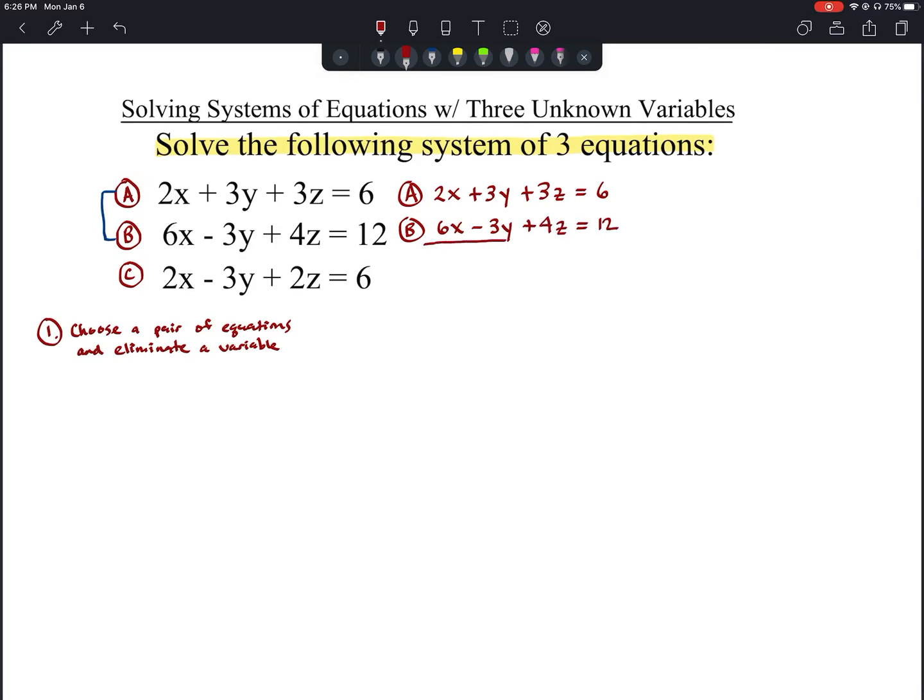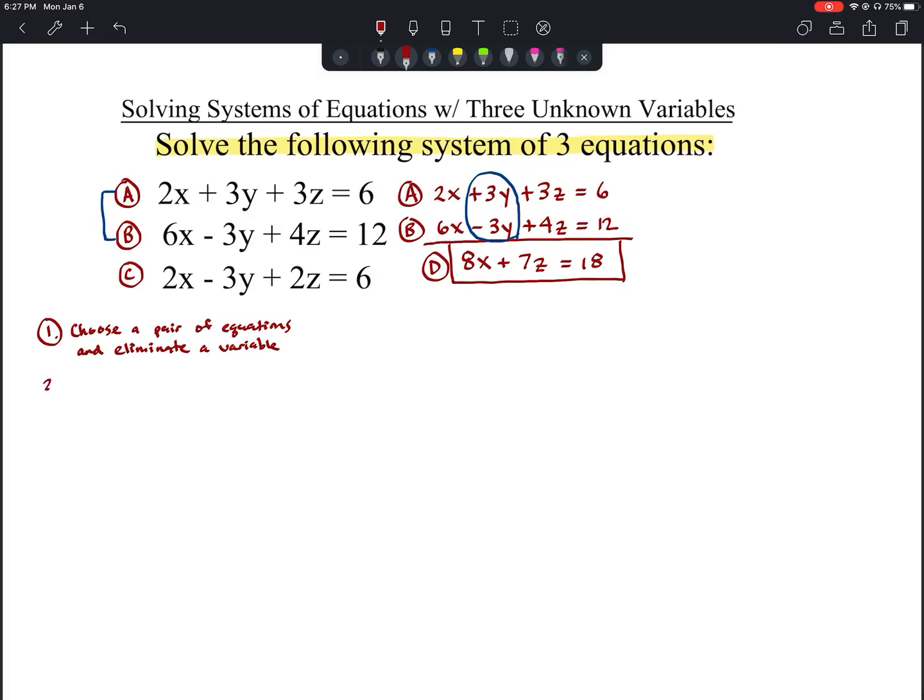For elimination, I'm going to put my equal bar there to show that I'm adding the two equations together. Remember, the 3y and the negative 3y are going to eliminate. So we're left with 8x plus 7z is equal to 18. That's an important equation, so I'm going to box it in and label it too. I'm going to call it equation D.